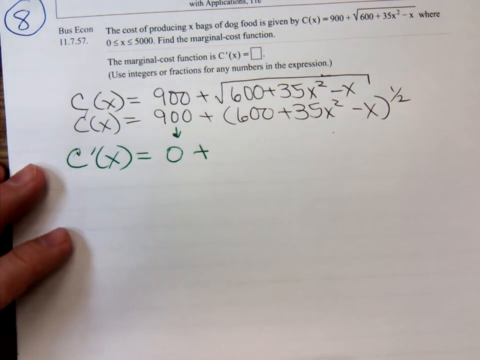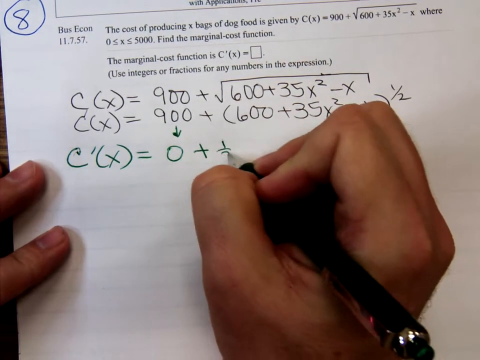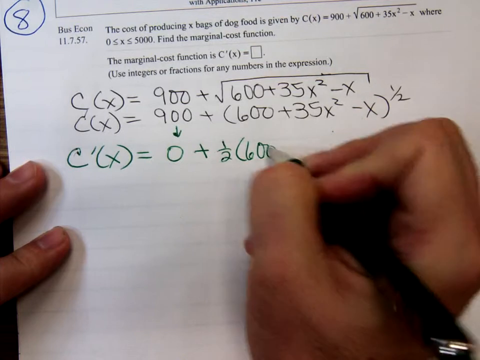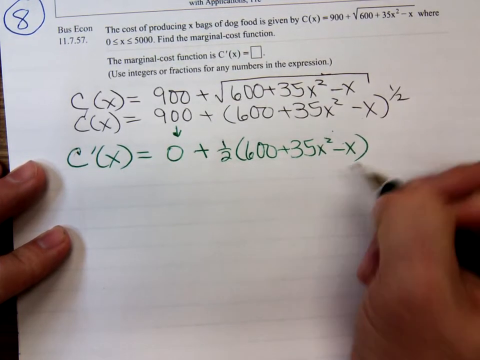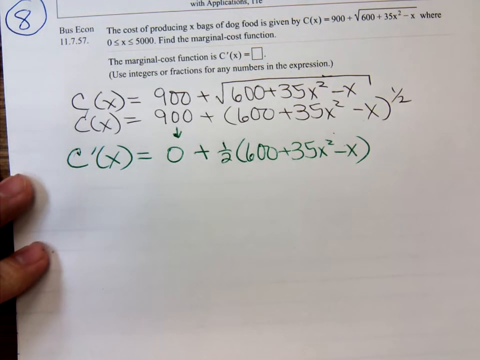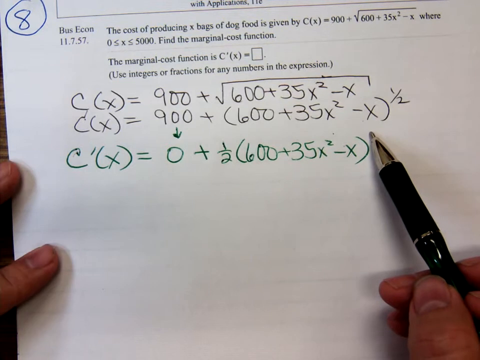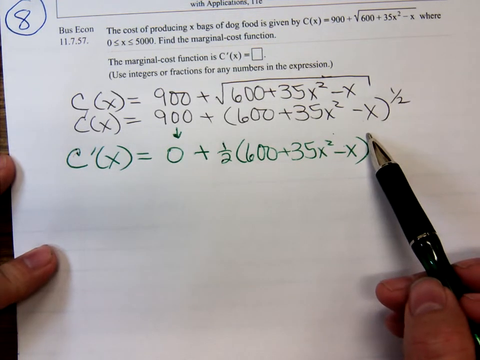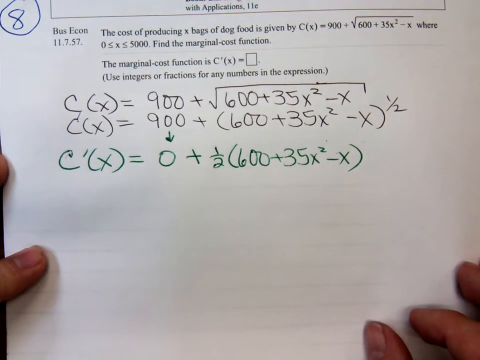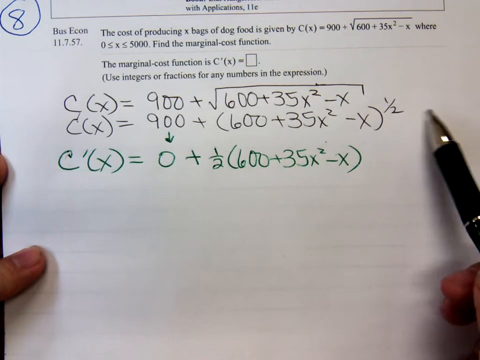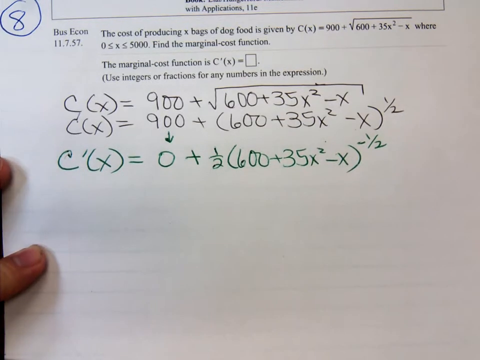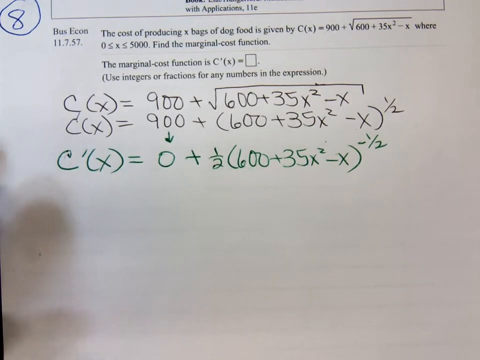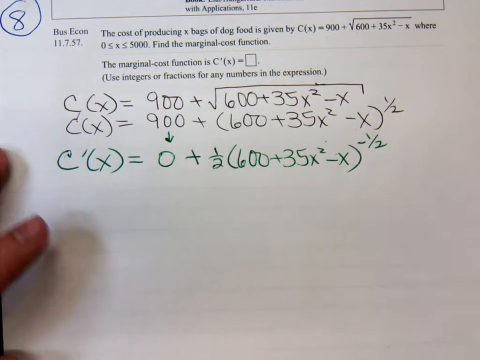Okay, so you bring down that 1/2, you're multiplying. The inside stays as it is. Do we have an exponent up here? Negative 1/2, 1/2 minus 1. You're subtracting 1. 1/2 minus 2/2 gives you a negative 1/2. Is that finished? No, we now have to multiply by the derivative of that inside stuff.